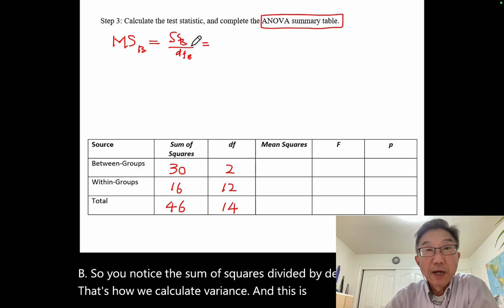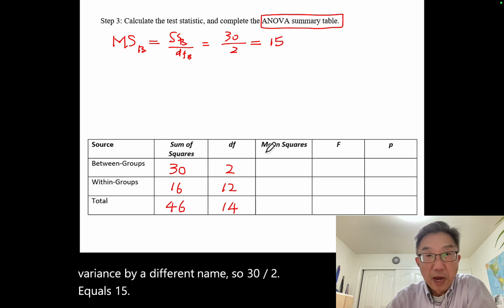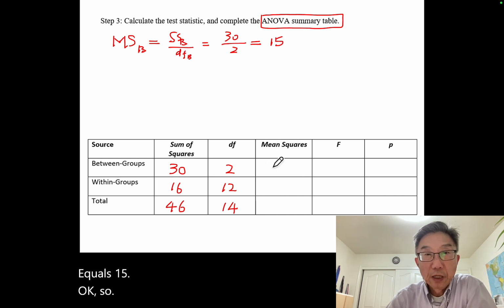It's a variance by a different name. So 30 divided by 2 equals 15. Okay, so MS between equals 15.